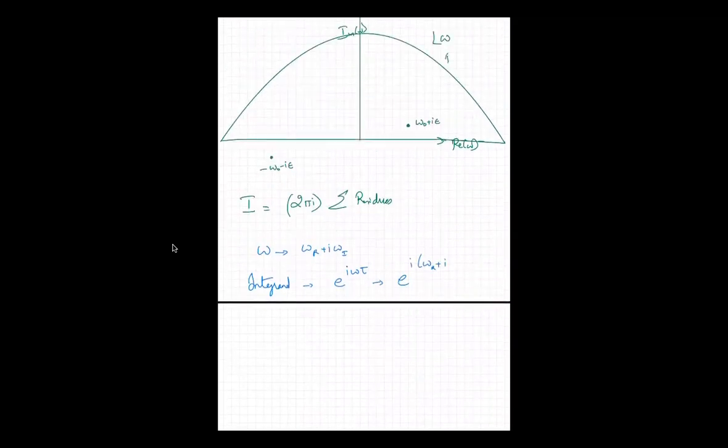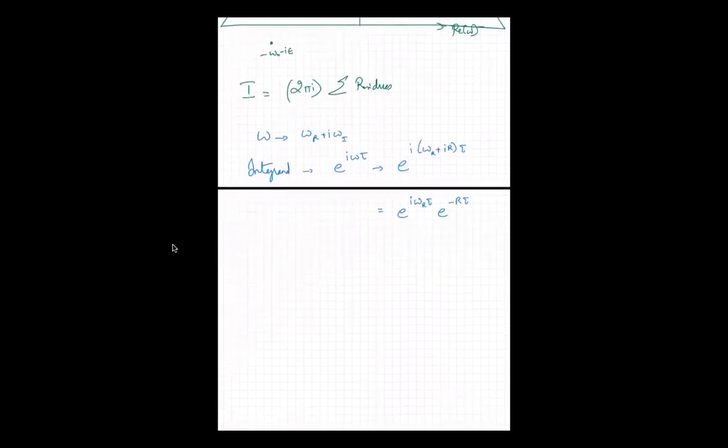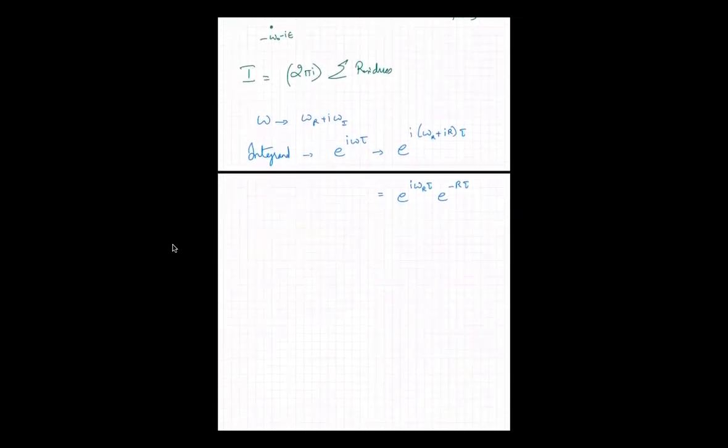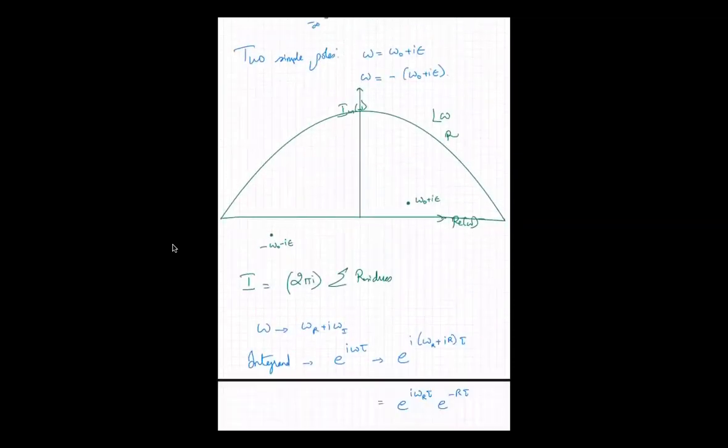So I'll call this radius some r. This is basically equal to e to the i omega real tau minus r tau. So if I take the radius of this circle to infinity, then of course the contribution from the imaginary part basically goes away, and this is basically dominated by the real part of the integration. Okay. So this is why I want, for this particular problem, to close the contour on the upper half.